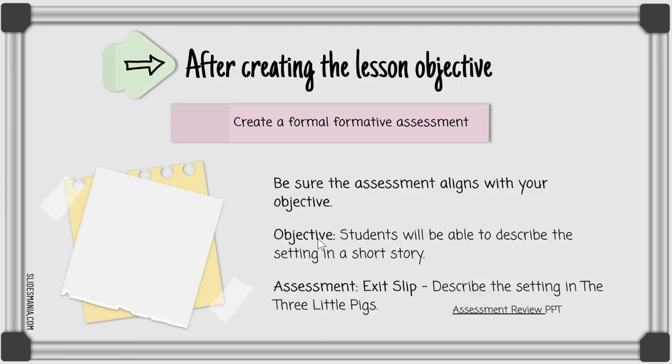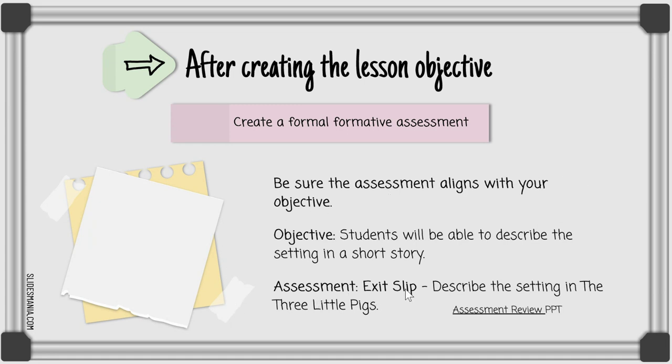I'm just saying. Okay. After creating the lesson, you want to look at what will be a formative assessment. And again, the assessment has to align to your objective. And then this is the lesson objective. Remember, we're going to break it down into various lessons.